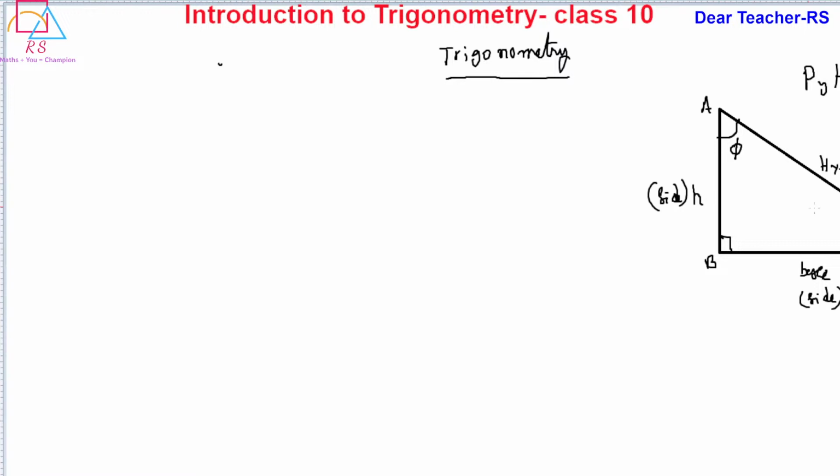So now the trigonometric ratios are defined with respect to one of these angles, either C or A. I will consider C, this angle. The first ratio of trigonometry is the sine of angle. Which angle?